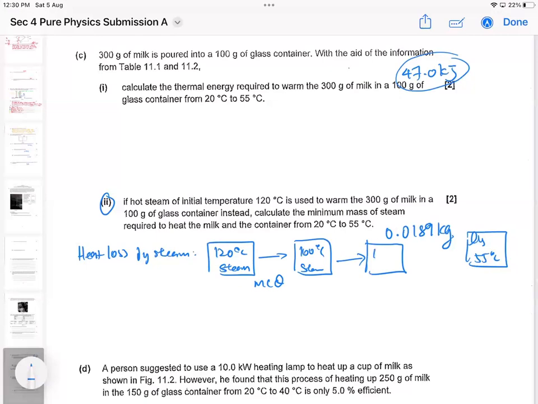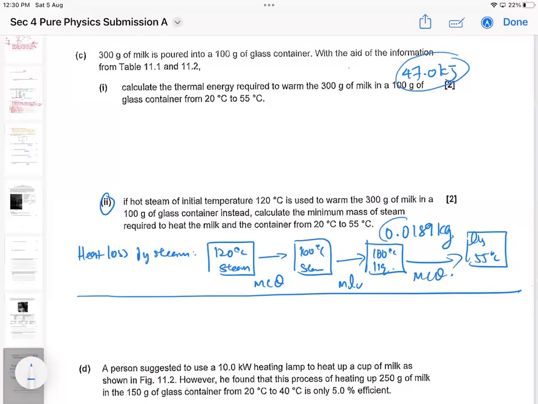Correct. This is your ml_v, and finally it goes here, which is the mcθ. So this is the heat loss by the steam. Okay, you try and see if you can get this number now.